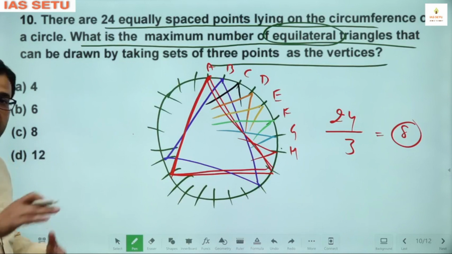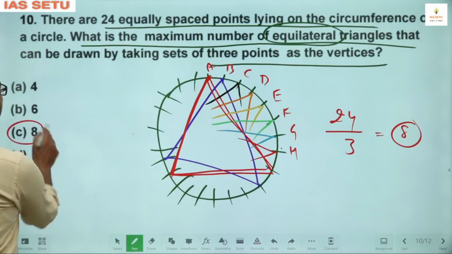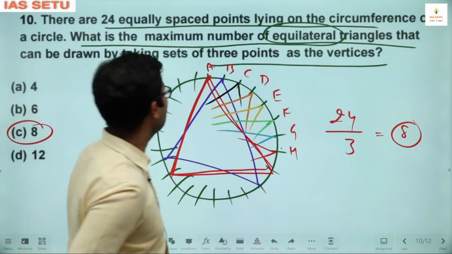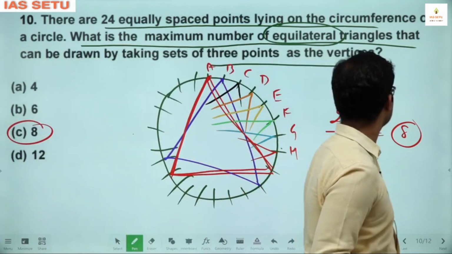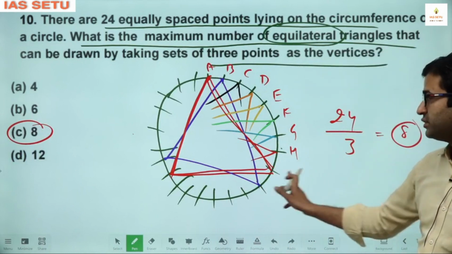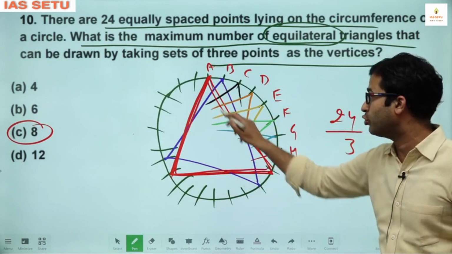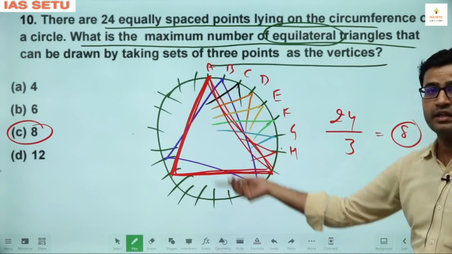You cannot use the same 3 vertices, otherwise it will be the same triangle again and again. So the answer is 8, because after H there will be the same triangle. This triangle is already counted. Then this one, then there will be repetition.